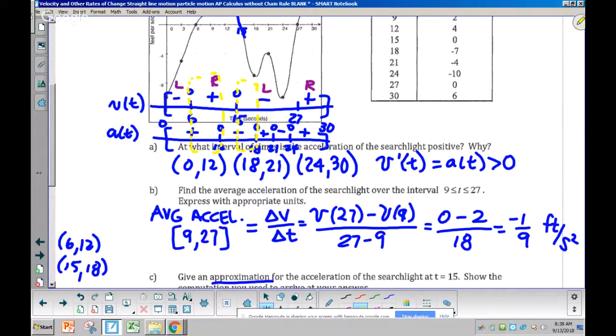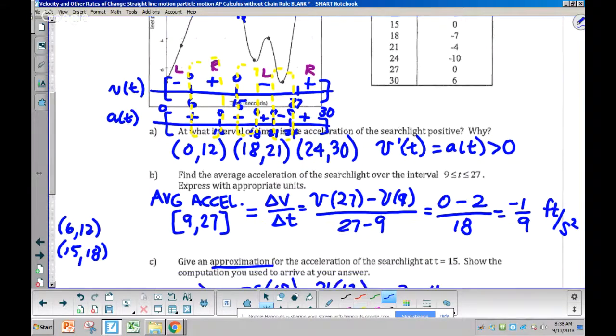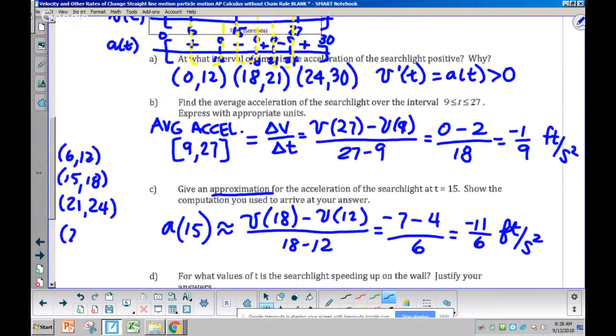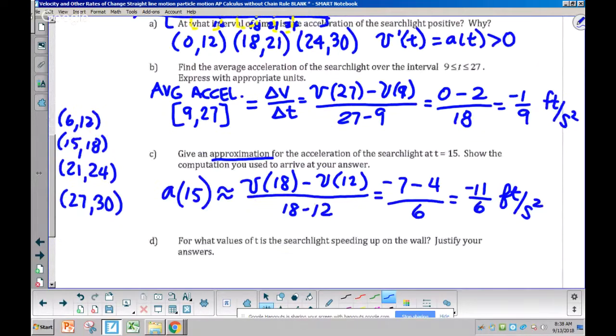And then they're opposite, and then they're the same between 21 and 24. And then they're the same again from 27 to 30. And so those are my intervals. So I'm gonna write those down.